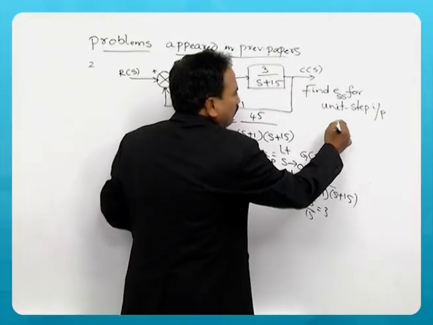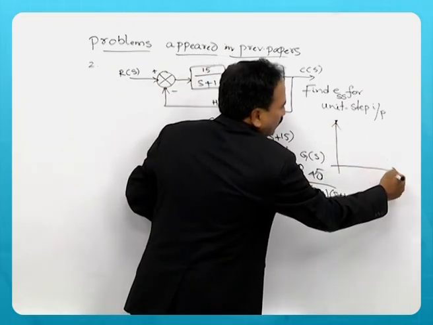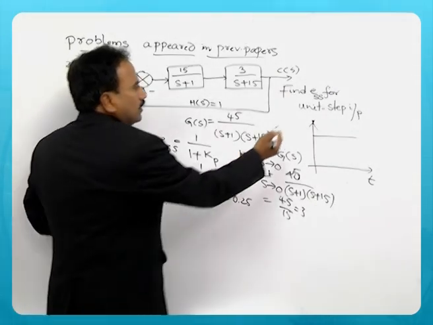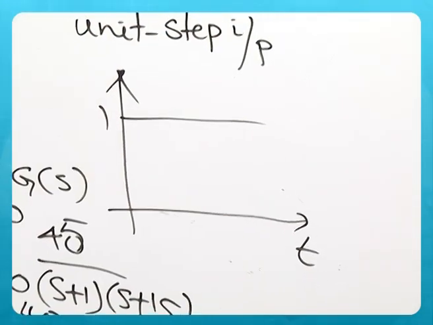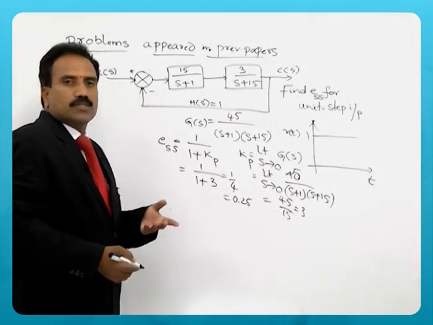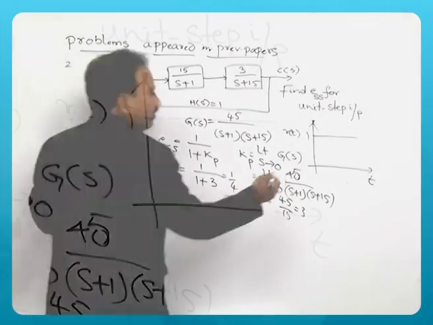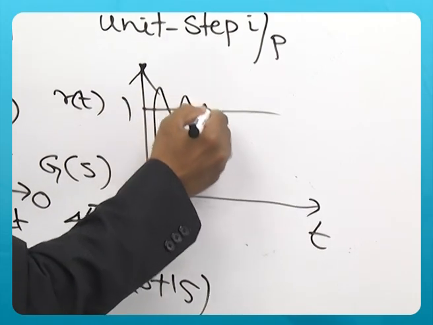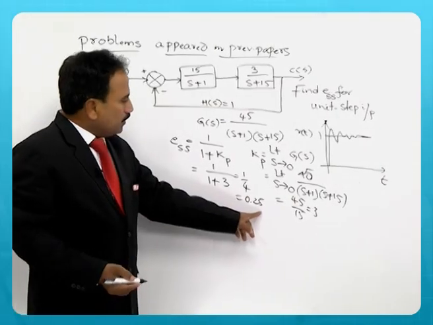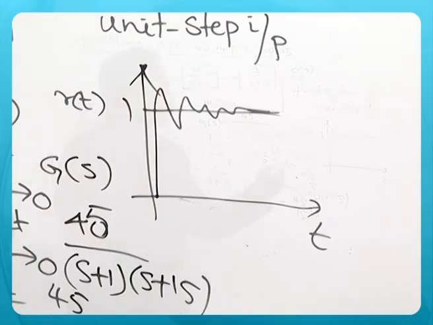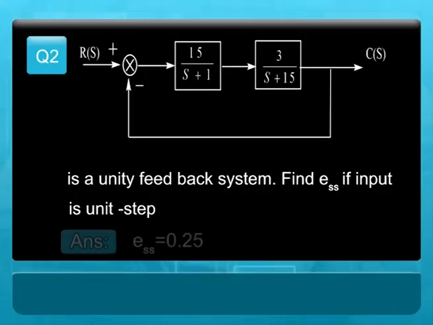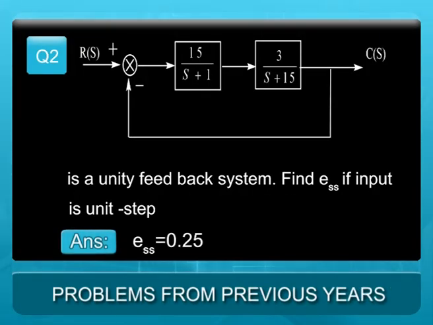The nature of the input you have given is a step, a unit step 1, r of t. Now, the system response will have oscillations and finally it settles in the steady state, and this 0.25 exists between the desired and actual. That is the meaning of steady state error.